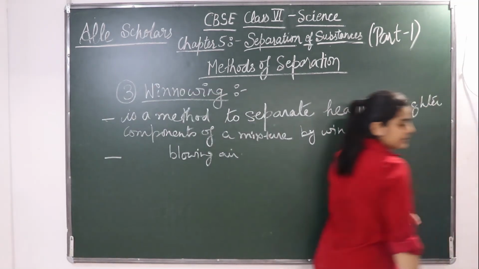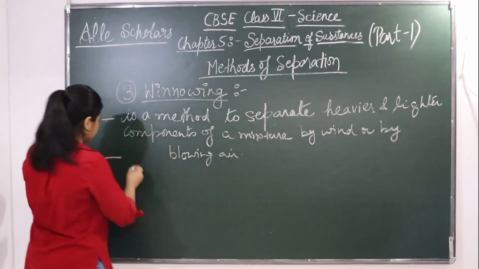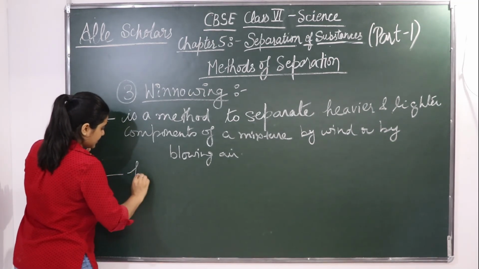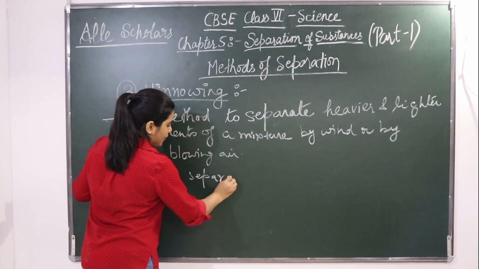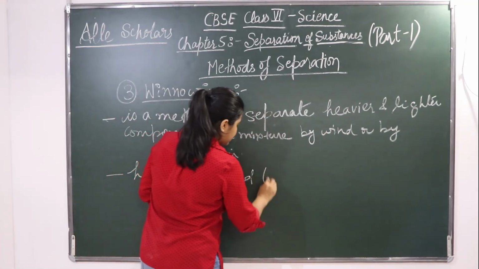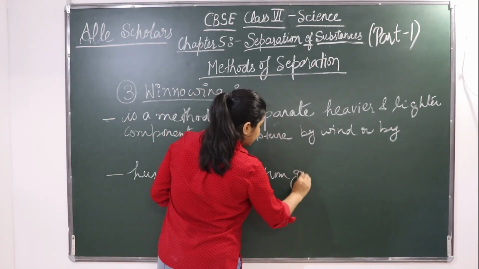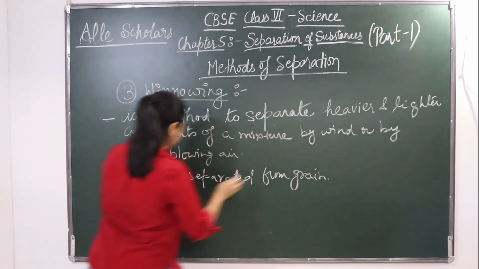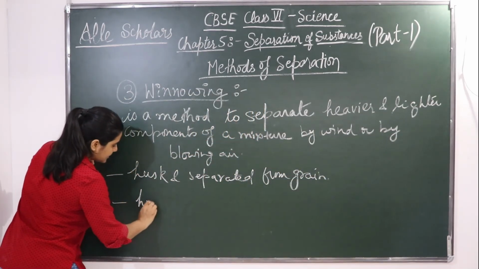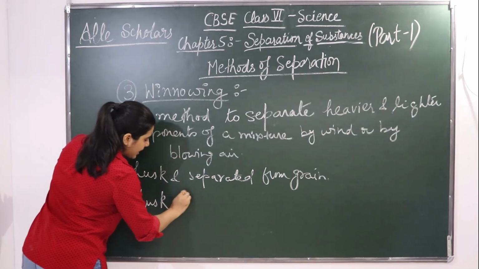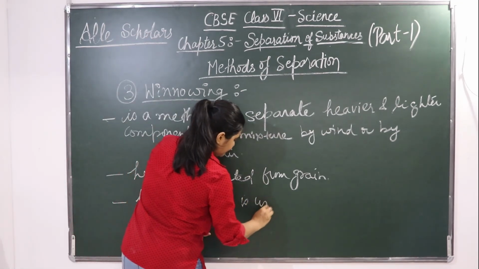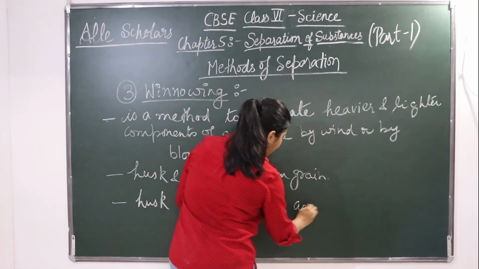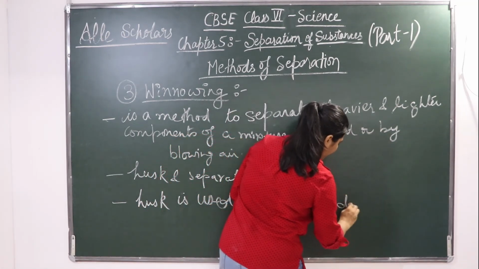In this method, husk is separated from food grains, and this husk is used as fodder for cattle.